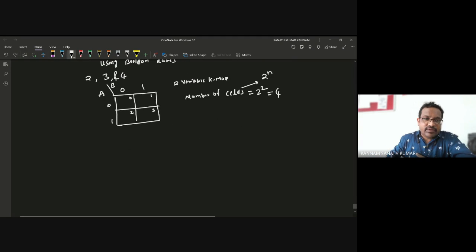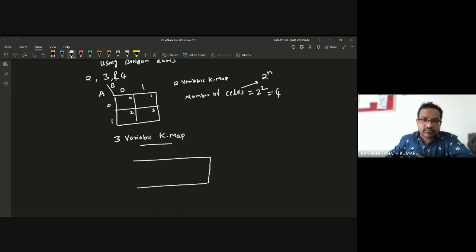And next, the 3 variable K map. So this is A and this is BC, 0 0, 0 1, 1 1, 1 0, and the cells are 0 1 2 3 4 5 6 7.